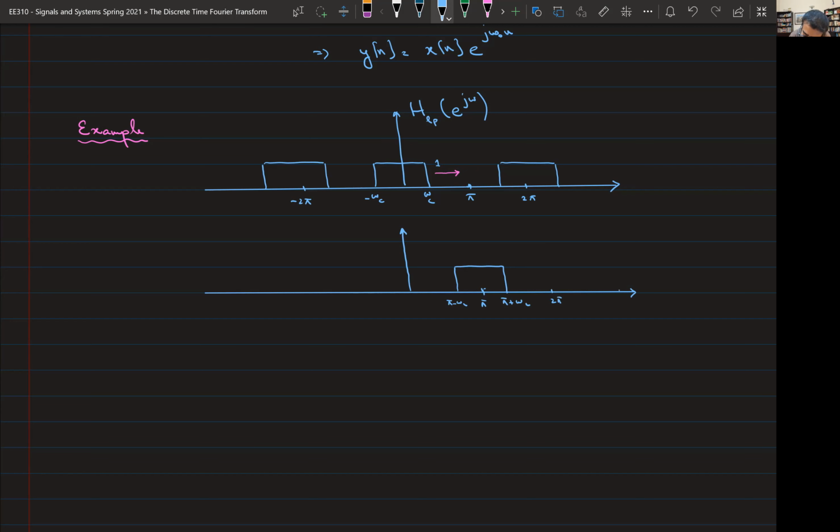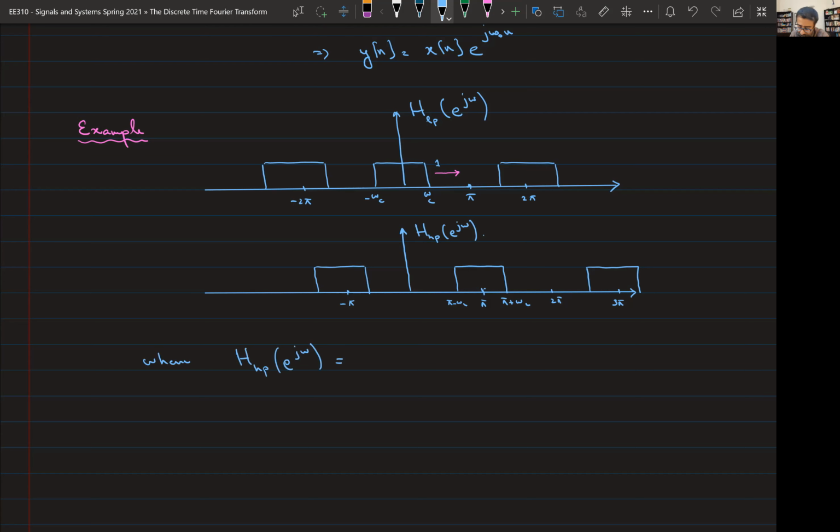What about 3 pi? 3 pi is where the Fourier transform is going to be non-zero. Similarly, at minus pi the Fourier transform is non-zero, and so on. Let me call this the high pass equivalent.